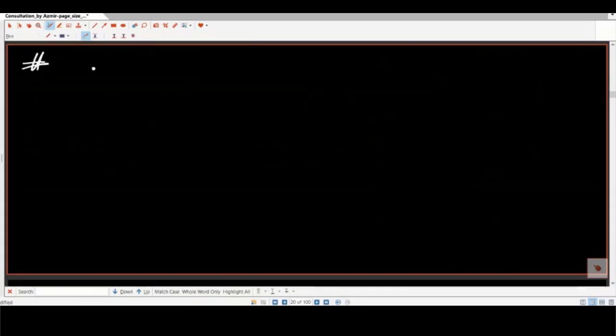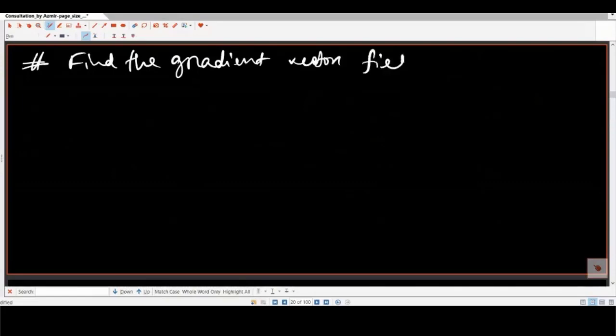Let's say we are going to find the gradient vector field of a function f of x comma y equals x squared y minus y cubed. So we can understand that this is a scalar function.